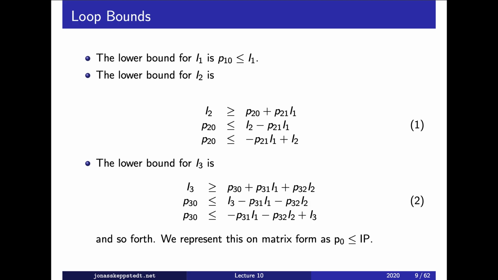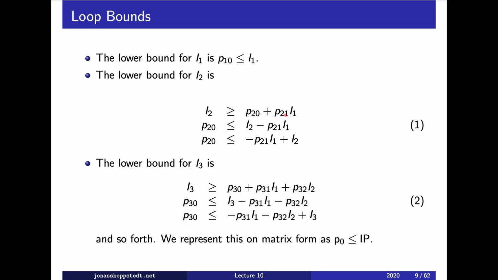So we have the following loop bounds. For the outermost loop, the loop variable starts with P10. And then the next loop variable starts with a constant plus a coefficient times I1.